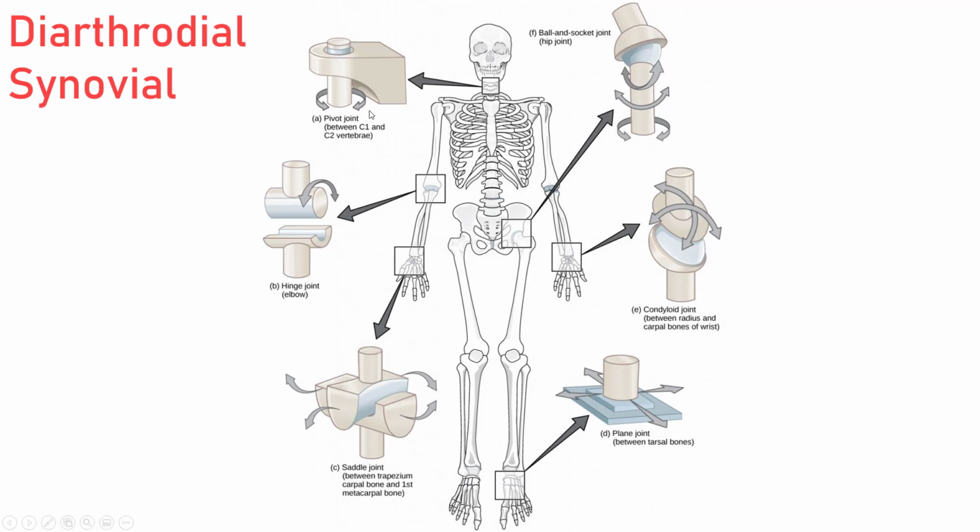So the 6 types of joints are listed here, right? So you have these different shapes and the way that the structure can affect the function, and you have your pivot joint, your hinge joint, and each of these joints are found throughout the body. Ball and socket joints allow the most amount of movement, and your plane joints maybe have the least.